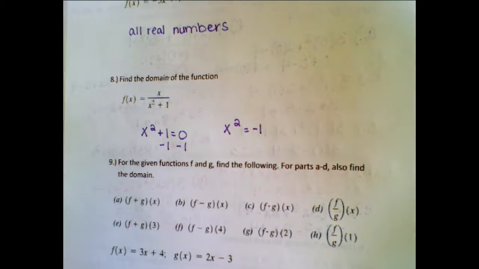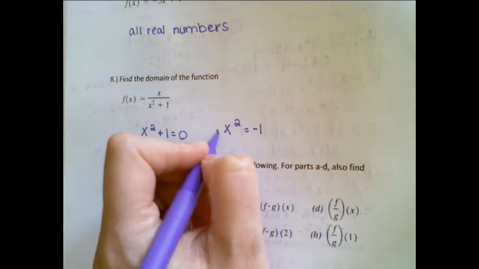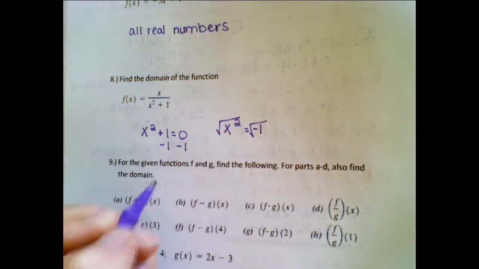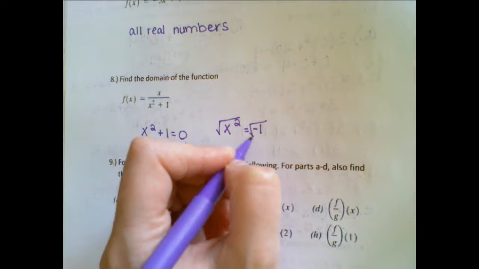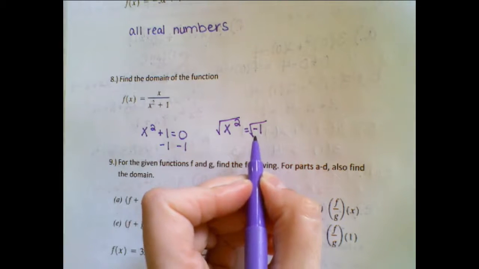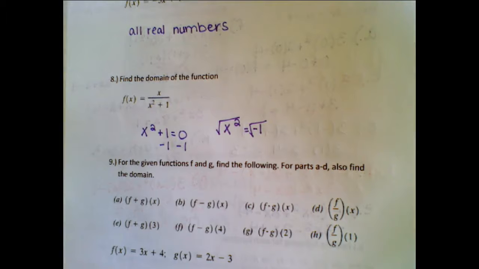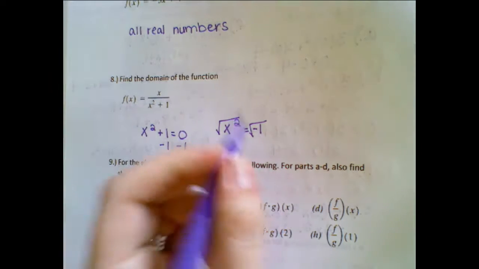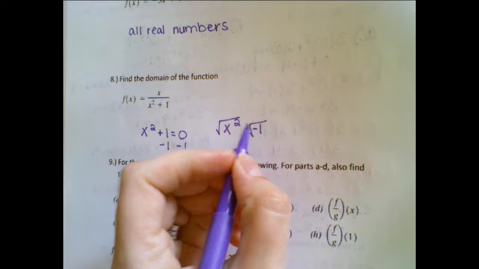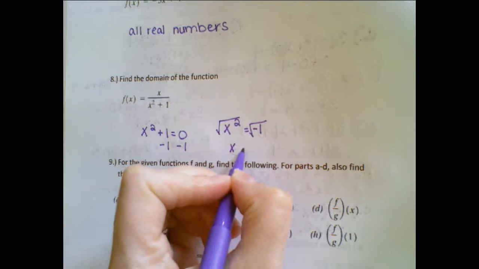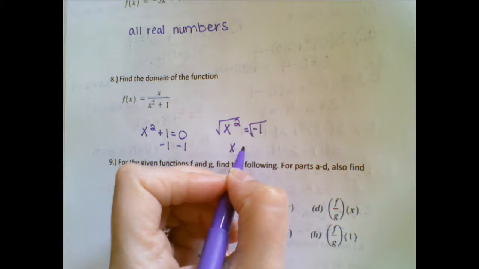Okay, and if you were to take the square root of that, you're granted this is a negative. So this one kind of takes some thought process, but technically if we just looked at this as 1, it would be x could not equal plus or minus 1.